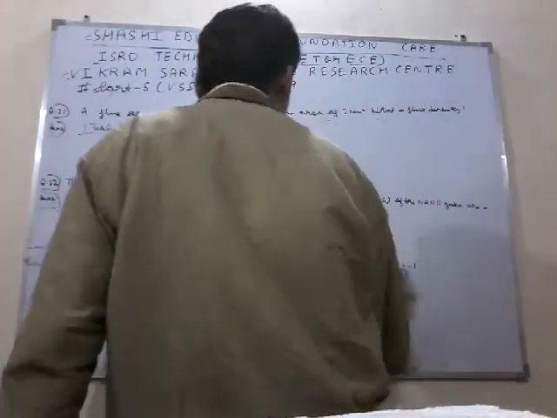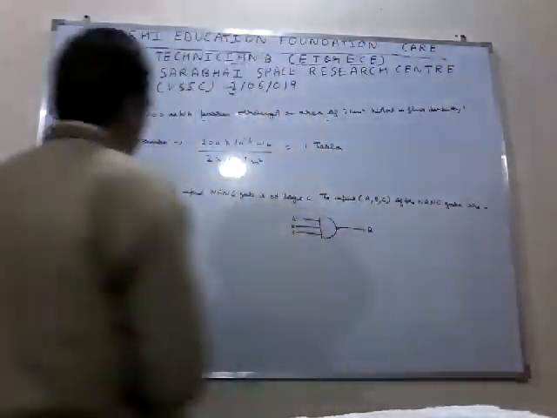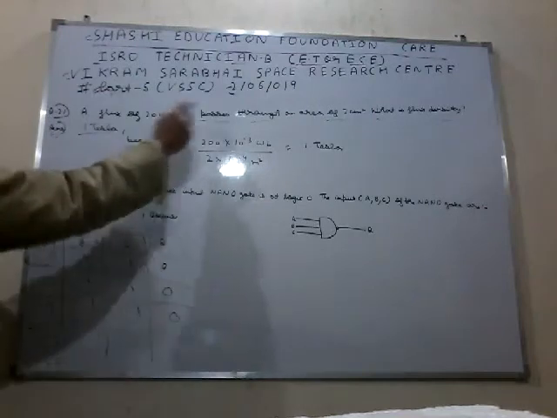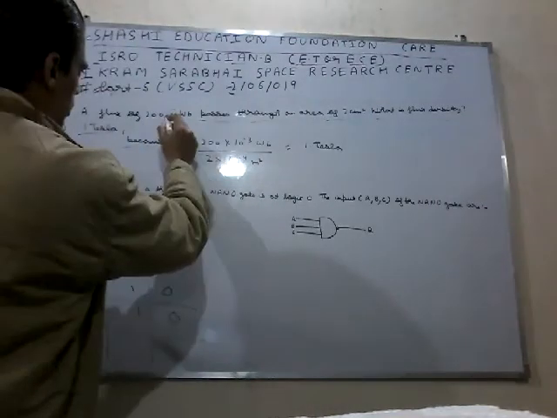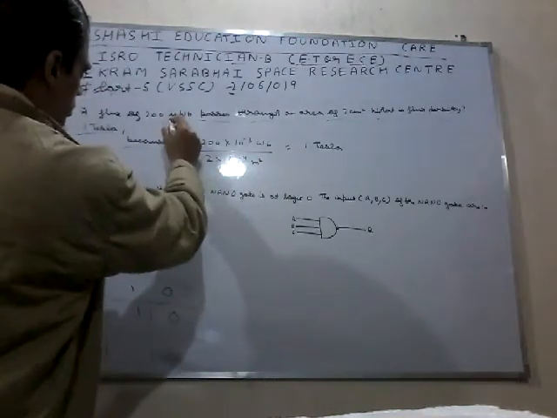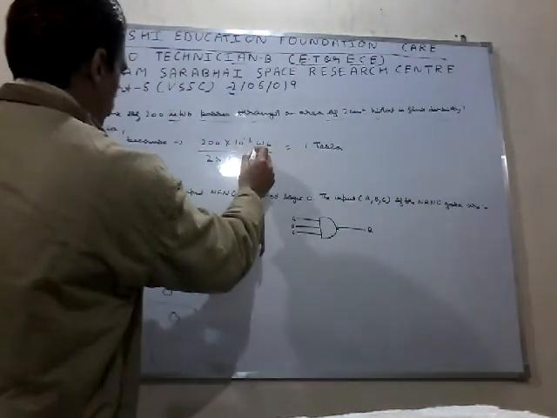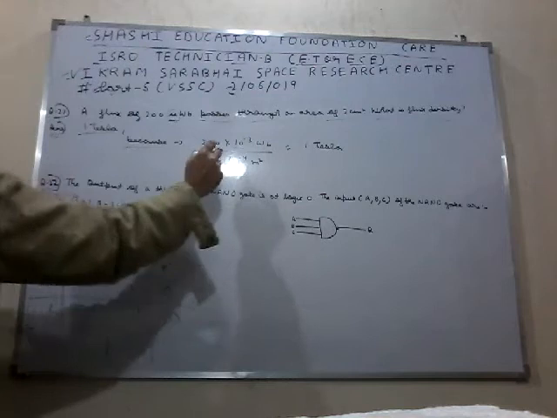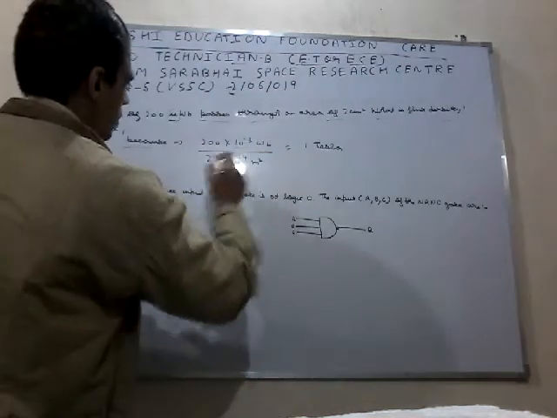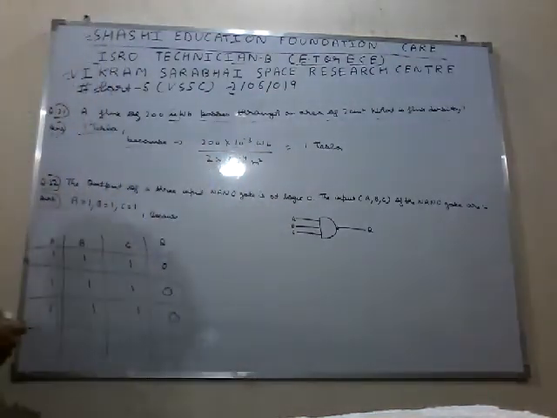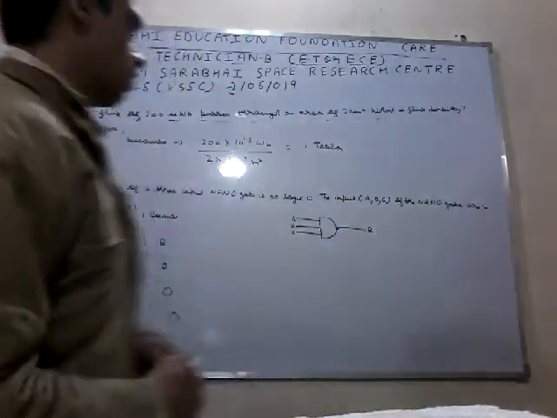So 200 into 10 to the power minus 3, the 200 microweber: in place of the sign of micro we put 10 to the power minus 3, and W stands for Weber. That is 200 into 10 to the power minus 3 Weber, over an area of 2 centimeters square.